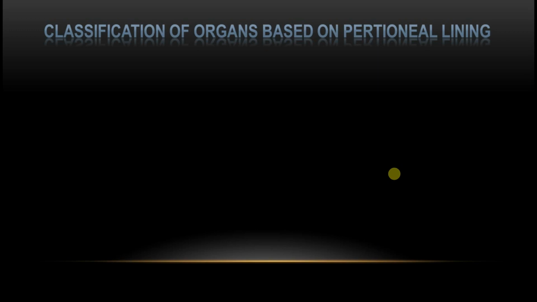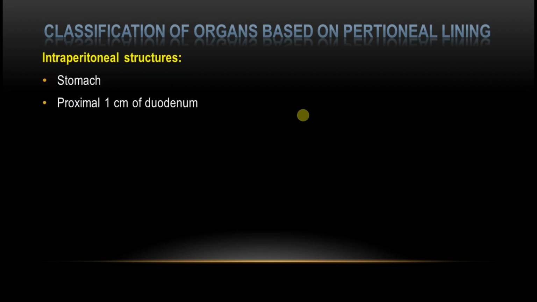Now just see the list of organs which are called intraperitoneal organs. Your stomach, and the proximal 1 centimeter immediately succeeding the stomach. After the pylorus, the first 1 centimeter of duodenum is inside the peritoneal cavity. Then you have the coils of intestine, that is your jejunum and ileum.